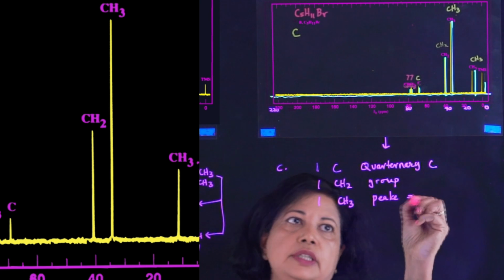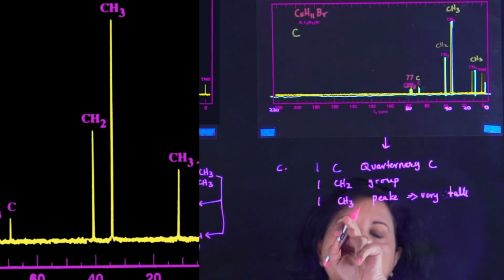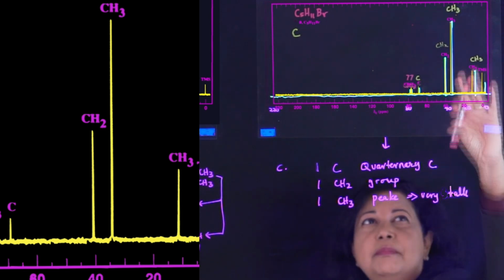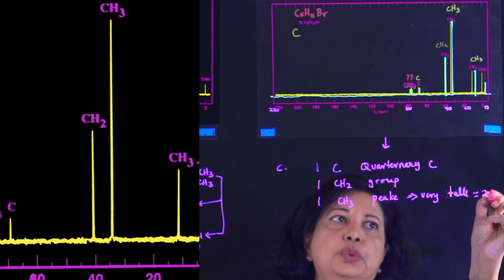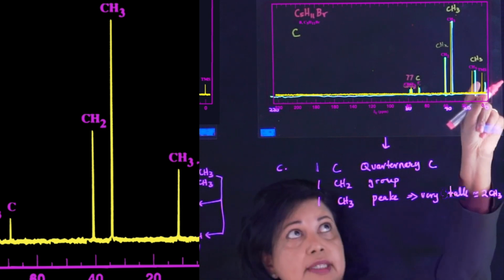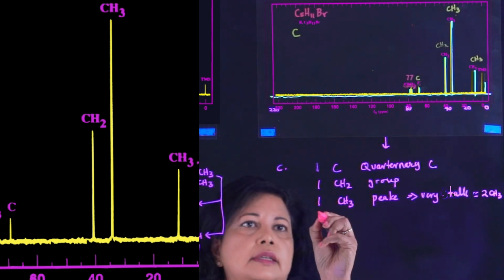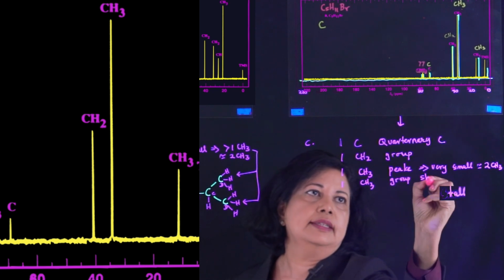And since it's very tall, we would suspect that there are more of these groups buried underneath that peak. It's about twice as tall as the other one. So let's say for now there may be two CH3 groups buried underneath that peak. Then you have another CH3, so one CH3 peak, and that's very shielded.